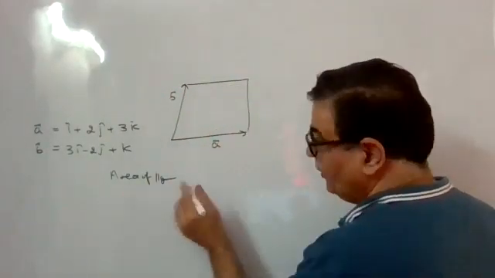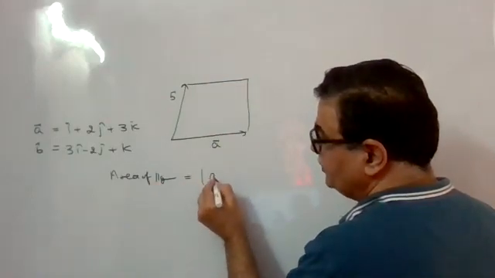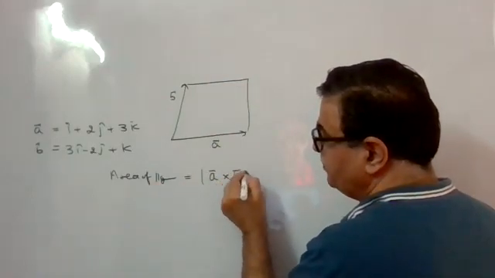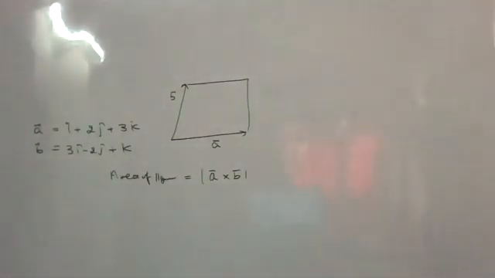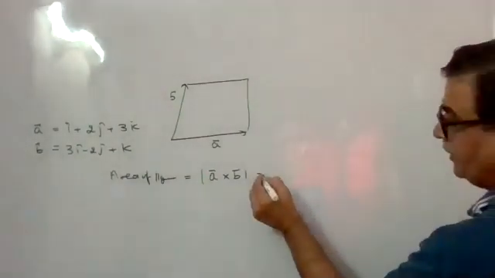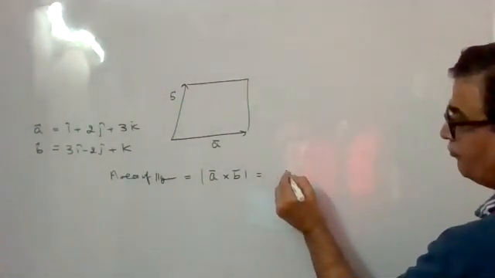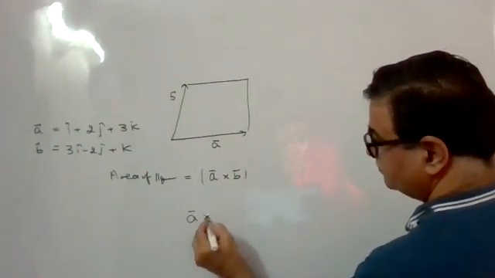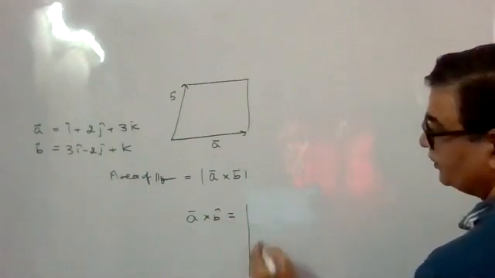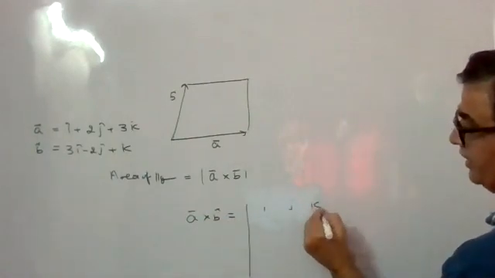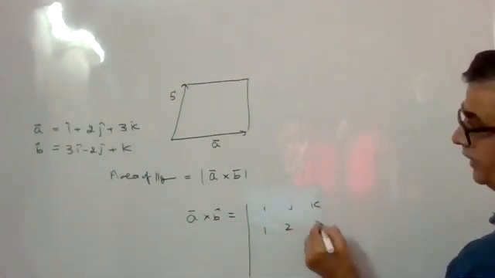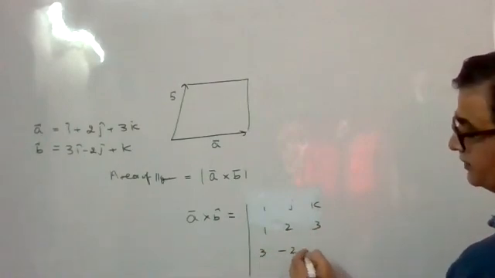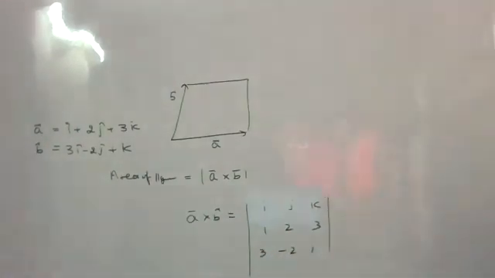So the area of the parallelogram will be the magnitude of A cross B. So when you go for it, what will come? First we find out A cross B. It will come i, j, k, 1, 2 and 3, 3, minus 2 and 1. Tell me, what will A cross B be?